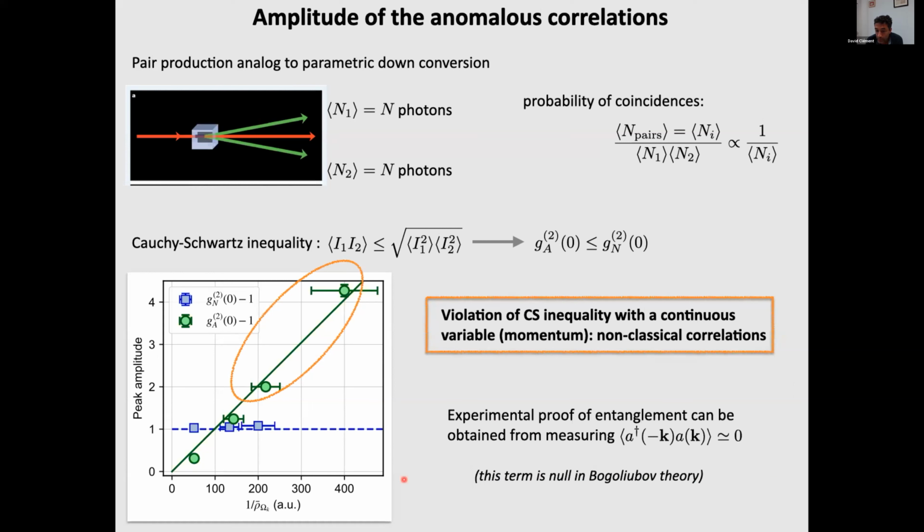And to be able to make such a statement about entanglement in the interacting Bose gas at equilibrium, we would need to look at this type of coherence, the coherences between a mode at minus k and a mode at k. In Bogoliubov theory, this term is predicted to be 0. So if we assume that Bogoliubov theory works, then our observation is sufficient to tell that we have some entanglement. Of course, what we want to do is to check this in the experiment before making any such statement.